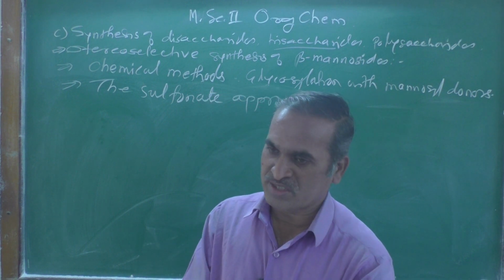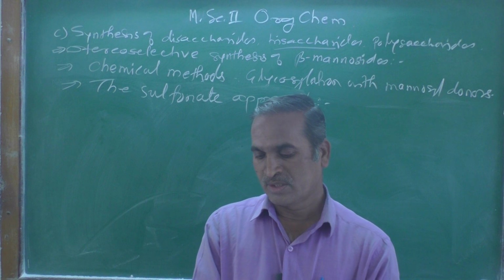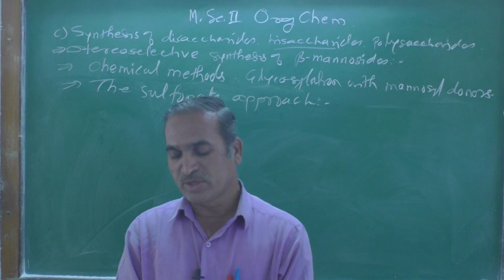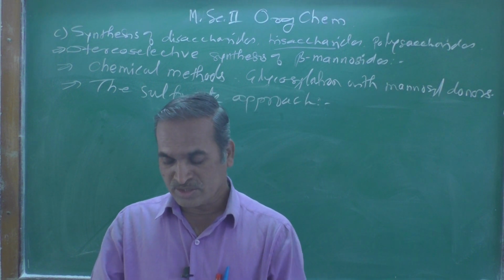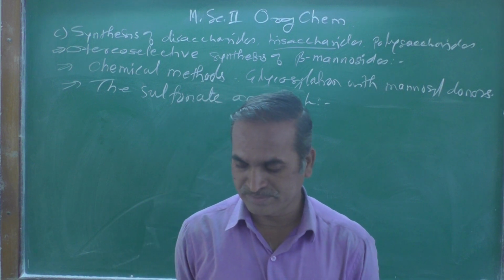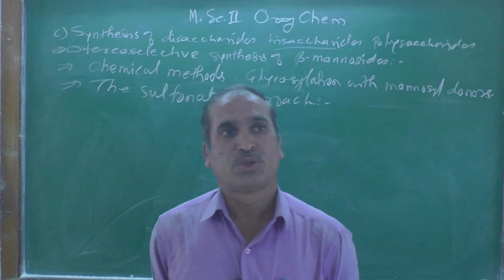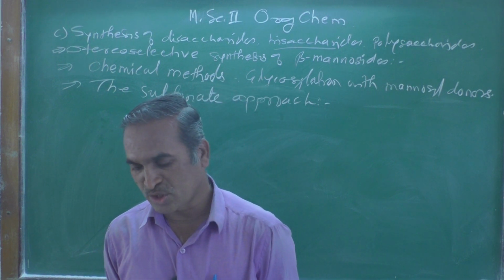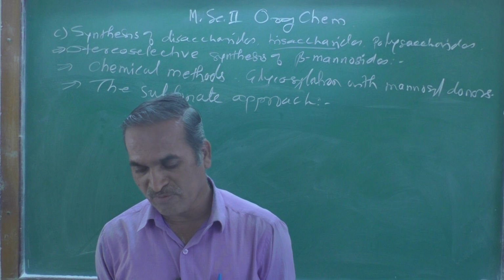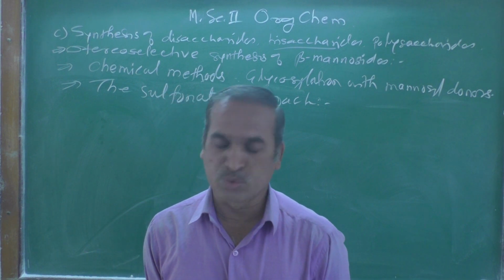The name of this reagent is tetrabutylammonium bromide. Subsequent addition of methanol led to a 2:3 mixture of the methyl alpha and beta mannoside.